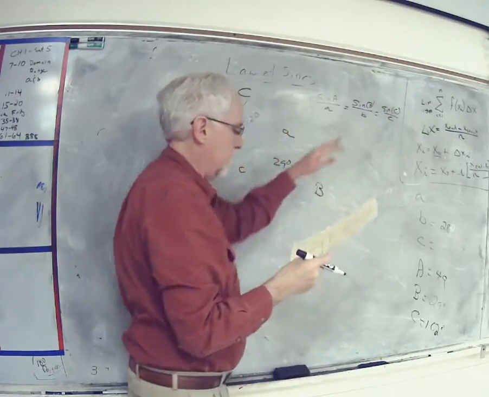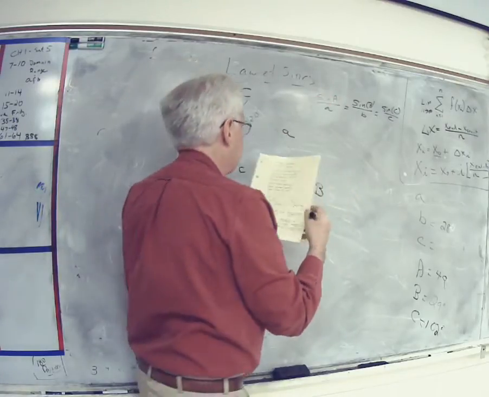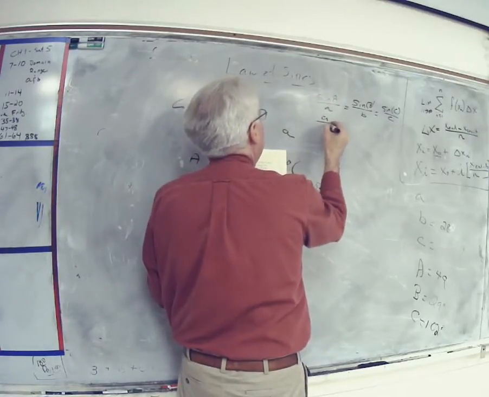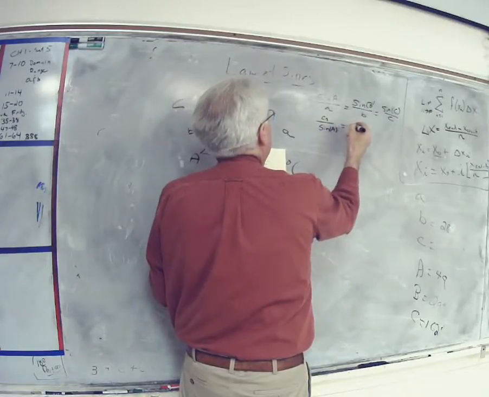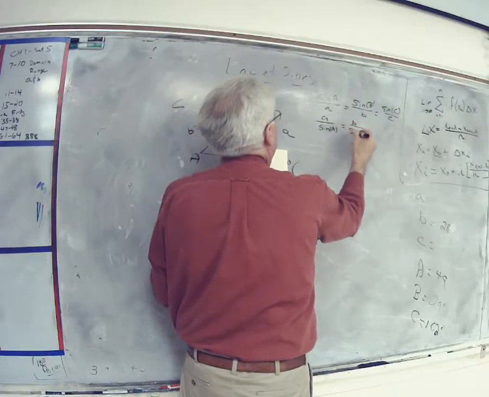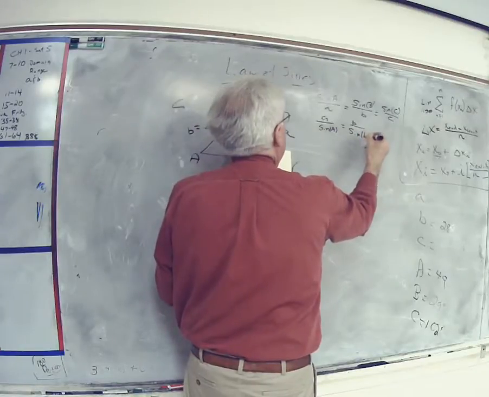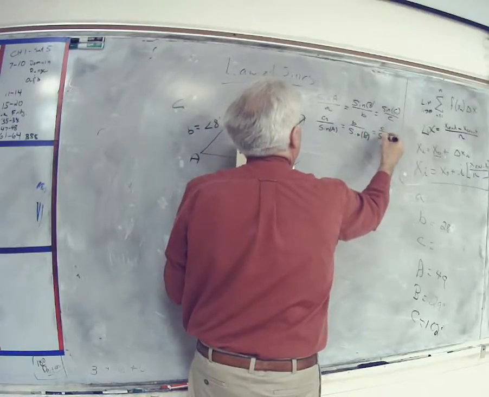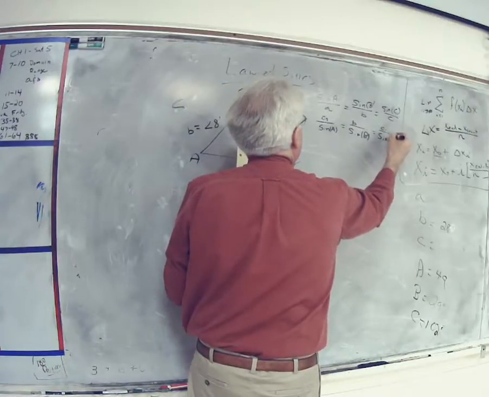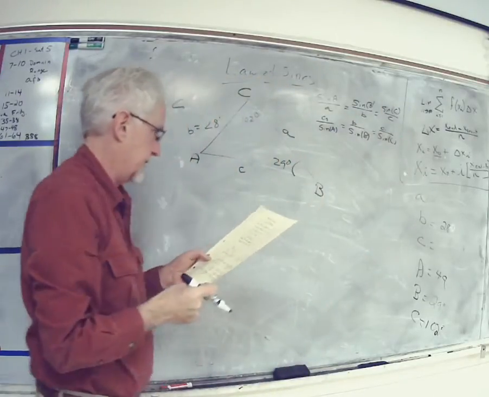You can also turn this upside down and it's also true. So you could have little a over sine of A is equal to little b over sine of B is equal to little c over sine of big C. You just turn it upside down and it's still true.